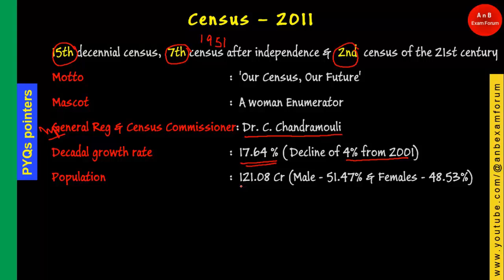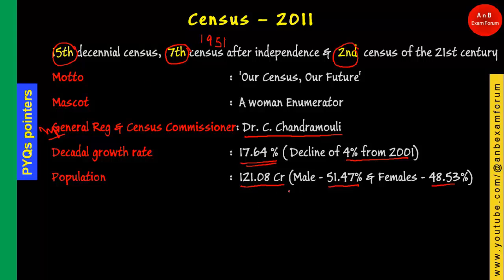The next very important fact about census 2011 is the population. The Indian population is 121.08 crore, of which approximately 51% are male and 49% are female. Just remember the big number only, don't go with the decimals.